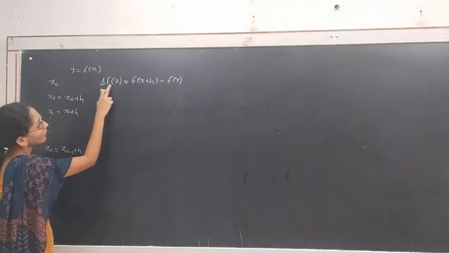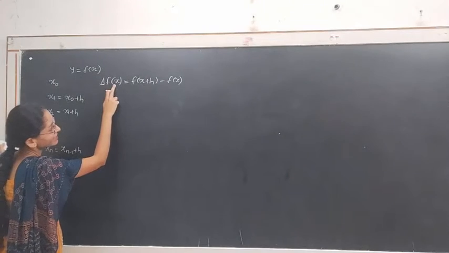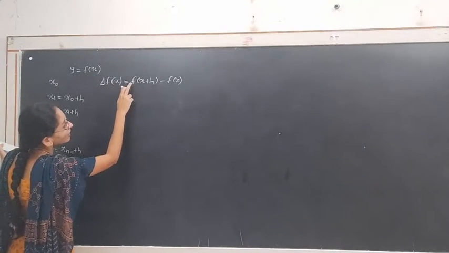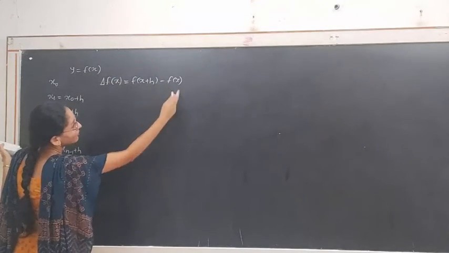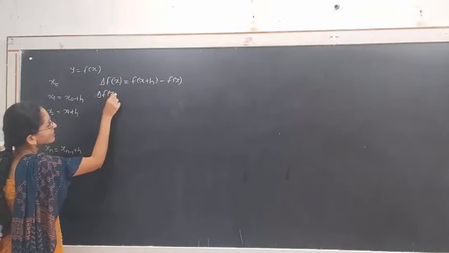We know f of x is y. We are defining del y. In general, del y is given by f of x plus h minus f of x. Similarly, del f of x plus h.